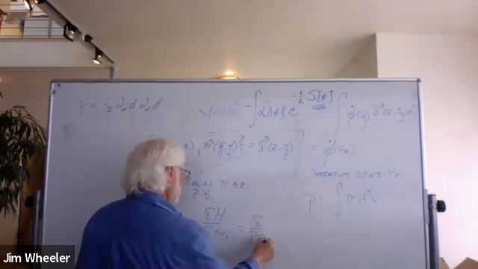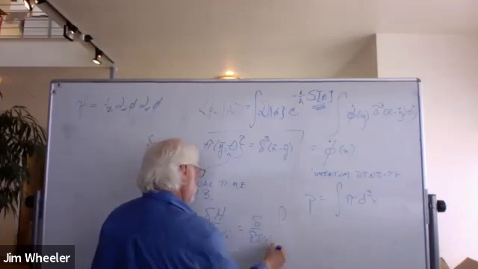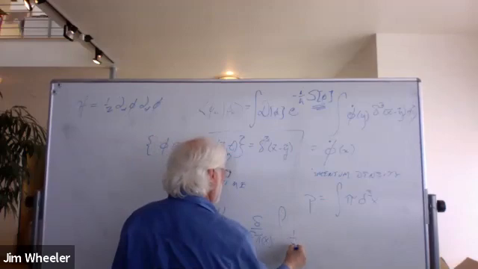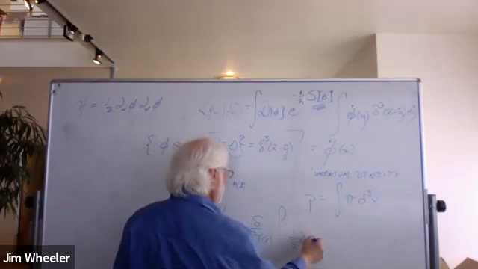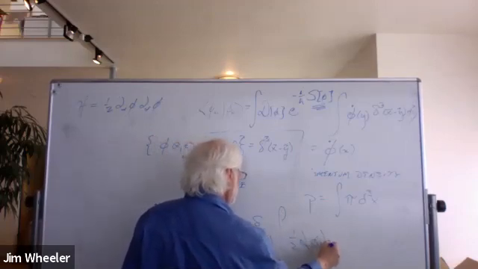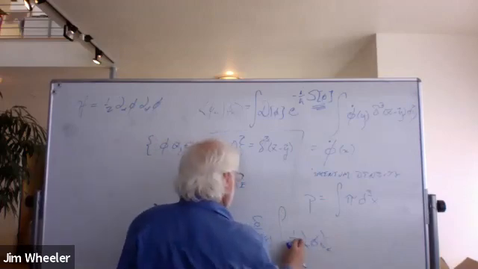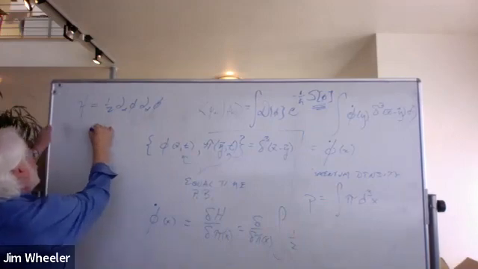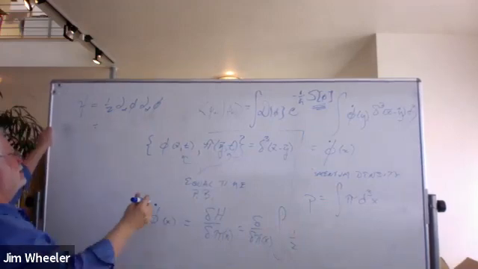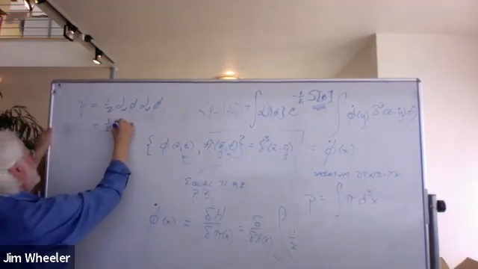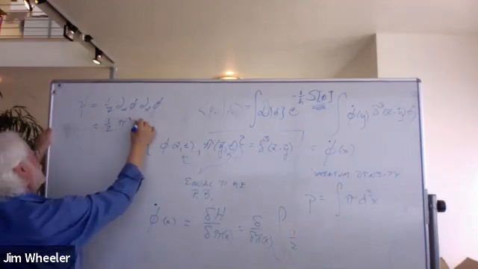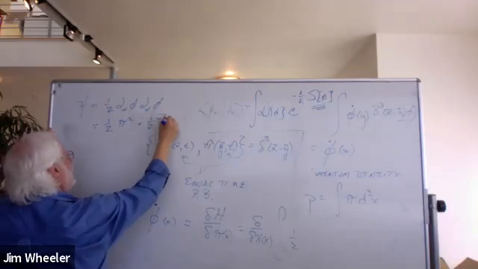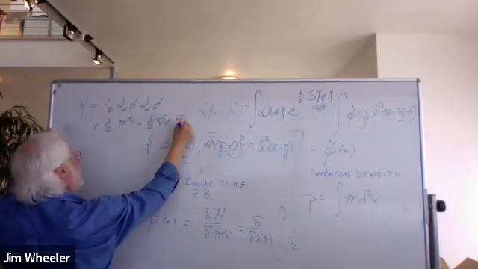I'm just going to try this and see how it works. So the Hamiltonian is going to be a half, no, not that. Hamiltonian has to be written in terms of the momentum, right? So we're going to have a half pi squared plus a half grad phi dot grad phi.